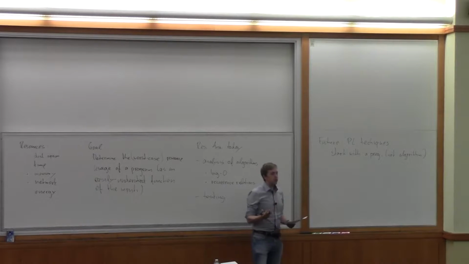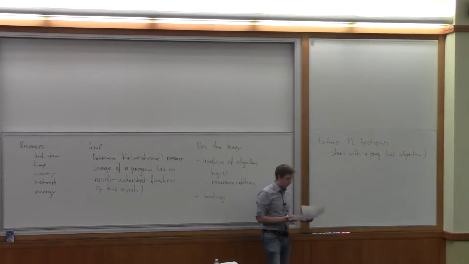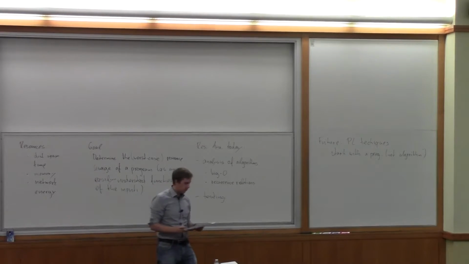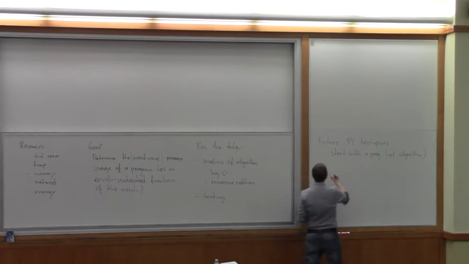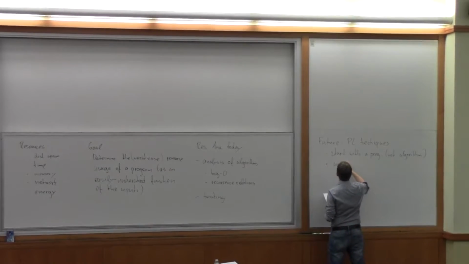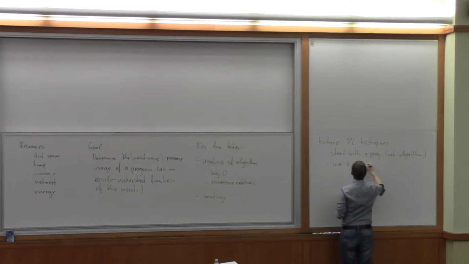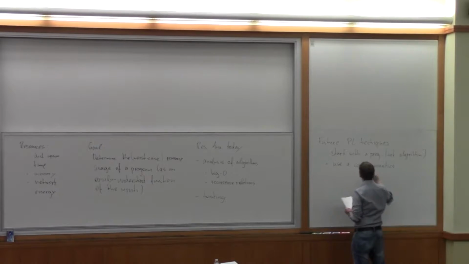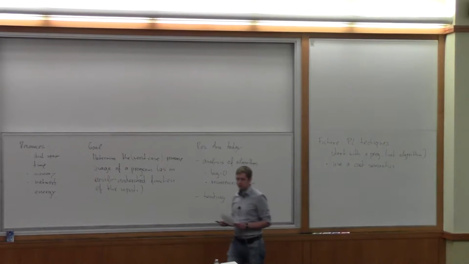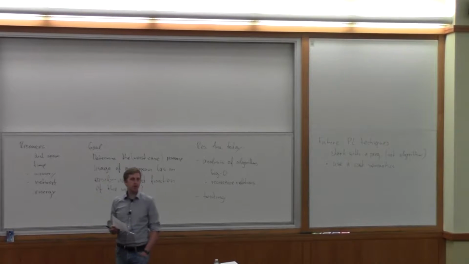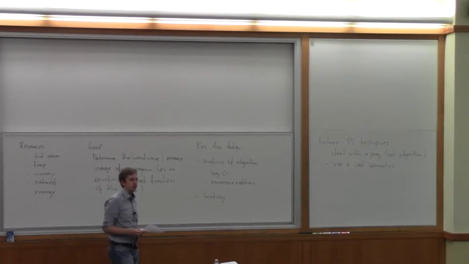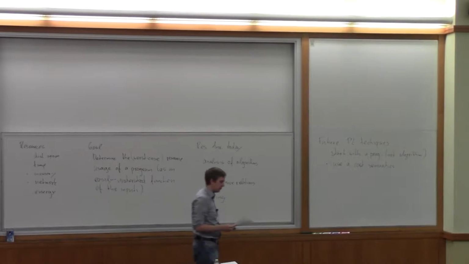Another advantage is that the program has a semantics, so you can argue exactly about what it's doing. And of course we want to define the cost of the program, so we use a cost semantics. This is another problem with the analysis of algorithms, that sometimes it's very unclear what the cost of an operation is, and it's always a question how it is implemented and so on.